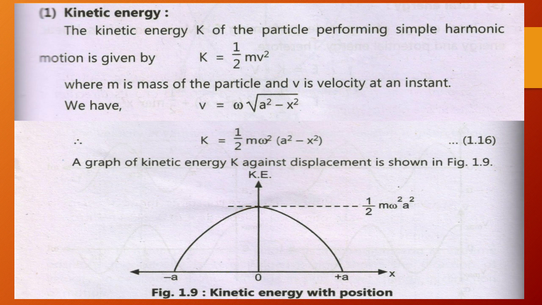Therefore the kinetic energy is equal to 1/2 m omega square into (a square minus x square). Now the graph of kinetic energy K against the displacement is shown in the figure. In the figure we see that at x is equal to 0 kinetic energy is maximum, and at x is equal to plus a and minus a kinetic energy is equal to 0.